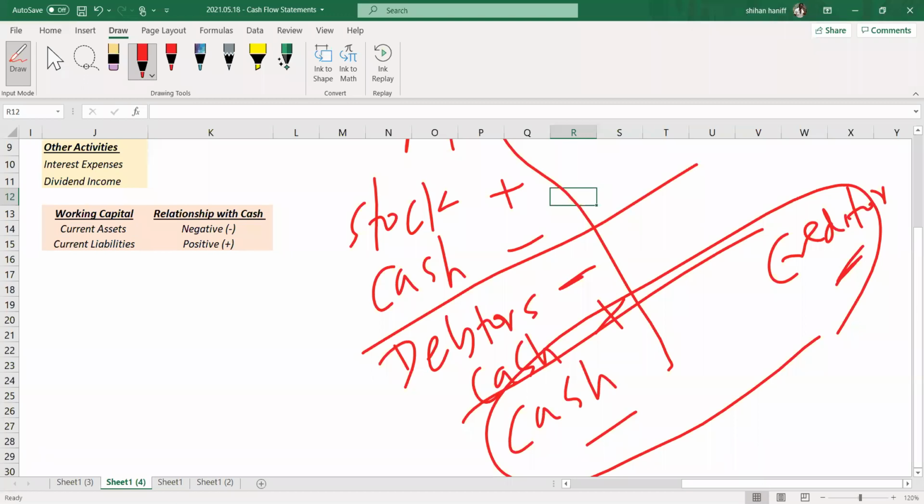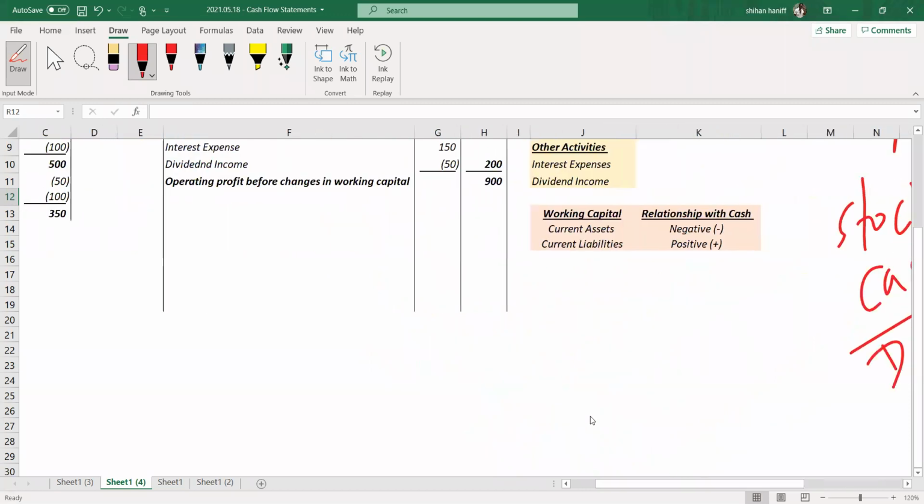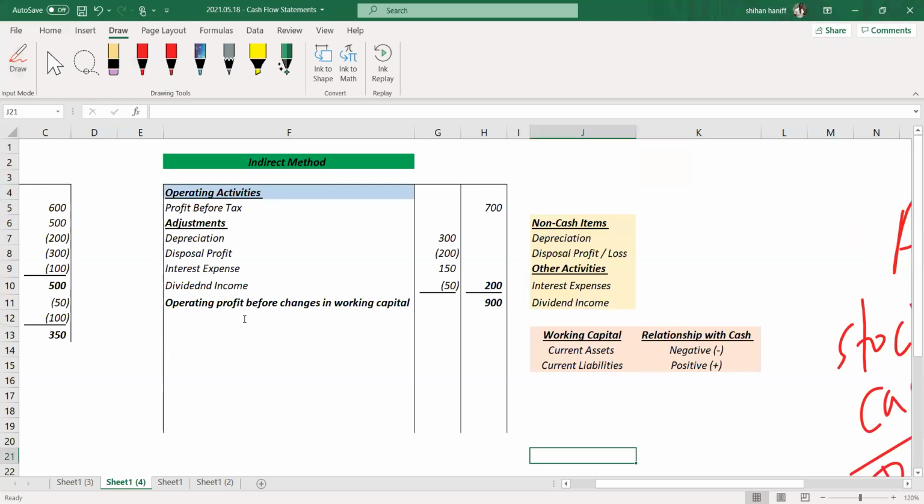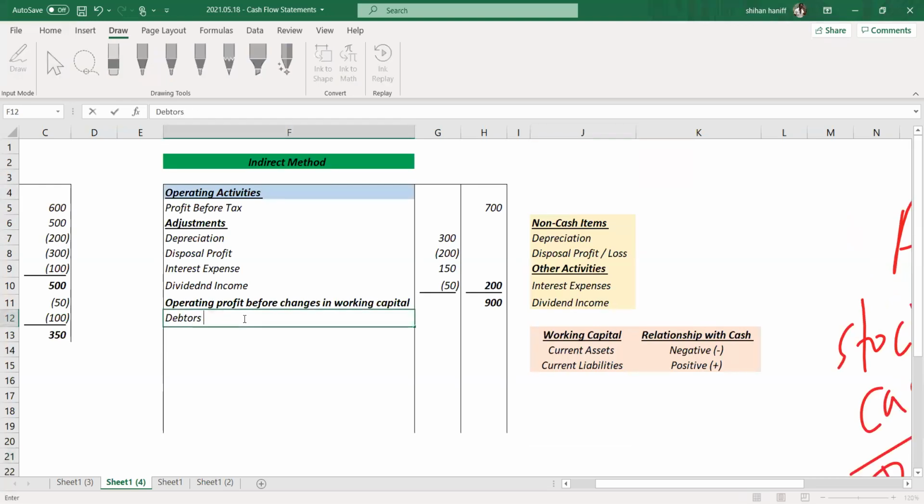Liabilities are having a positive relationship. Assets are having a negative relationship. Right? So here when debtors are decreasing, opening and closing balance, if the debtors decrease, that means plus. That is a plus.